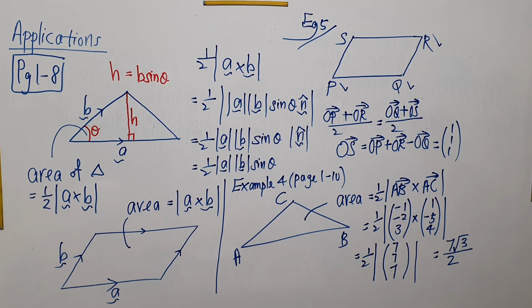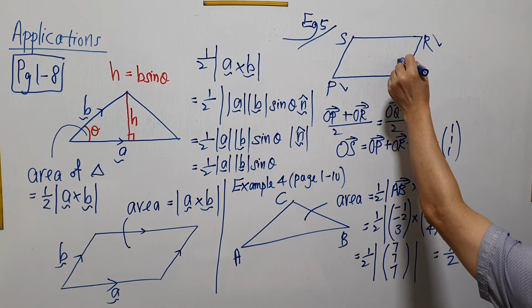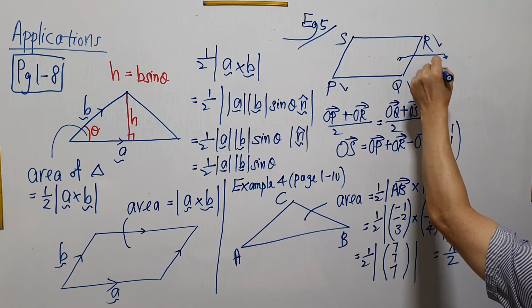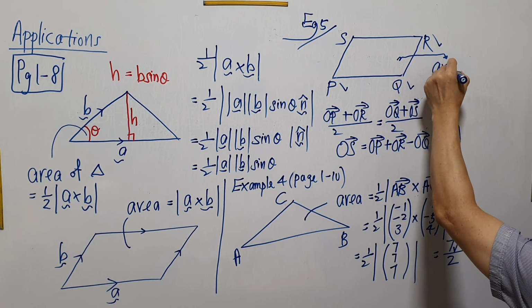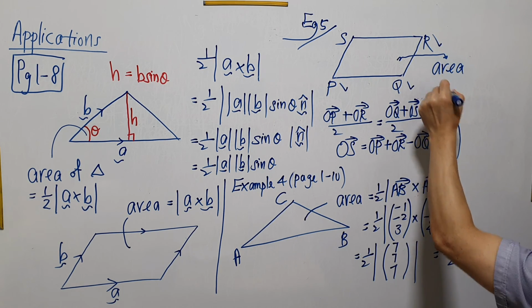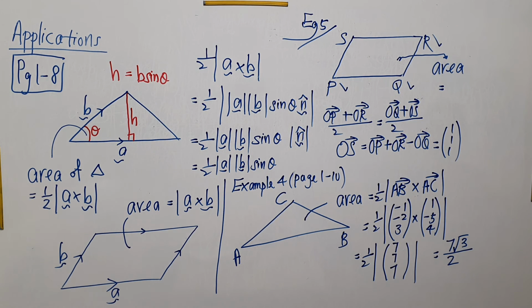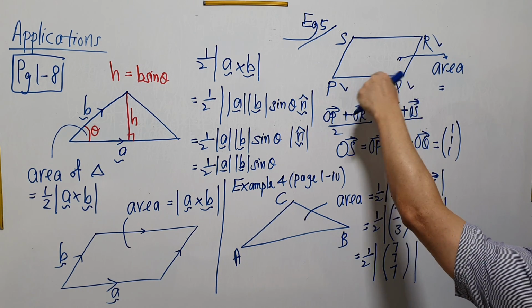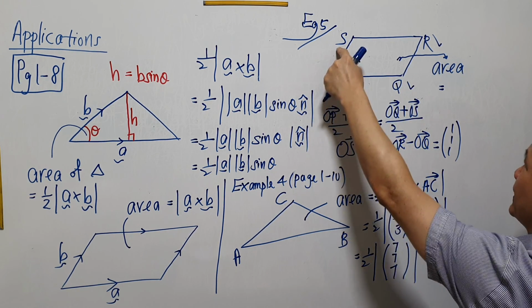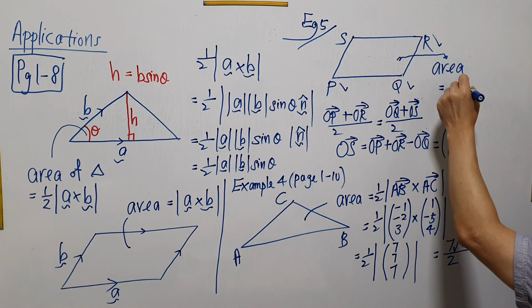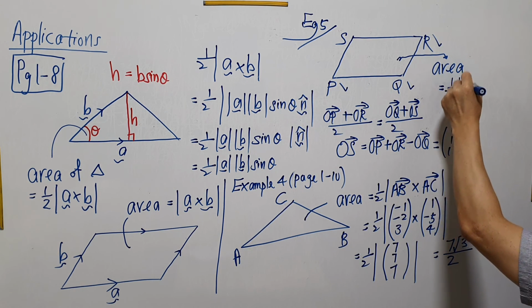Then in this same question, you want to find the area of this parallelogram. How would you find the area of this parallelogram? You can take the two vectors PQ and PS. You can find the area of this parallelogram by doing this.